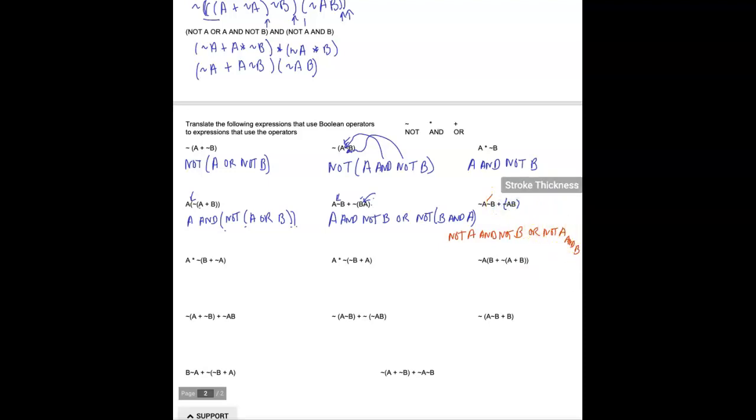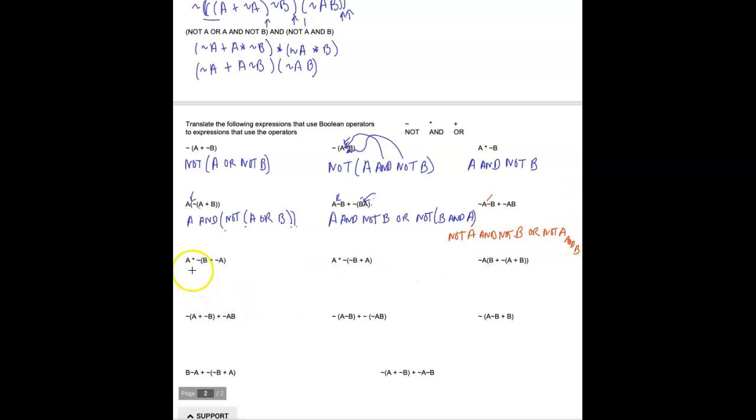That is not accurate. That not is with the A. It is not with the A multiplied B product. I could see a lot of students misinterpreting that.